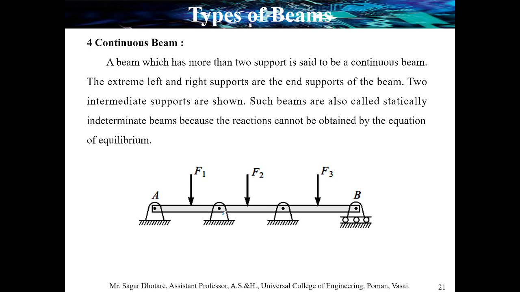From point A to the second hinge is one span, then the second to the third, and so on. The beam is supported by multiple supports and is able to carry more load as compared to a single support. For example, if the beam length is more, because of self weight it bends and its ability to withstand forces is reduced.